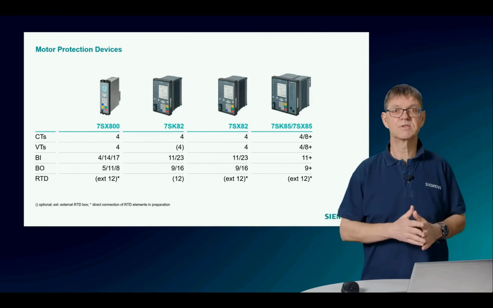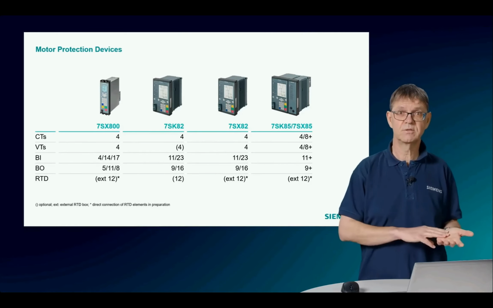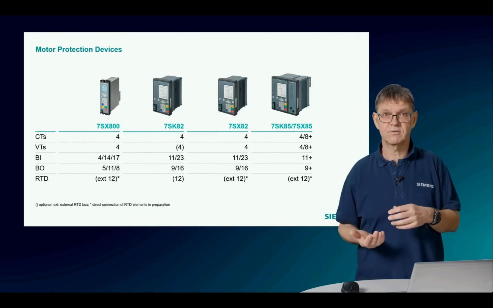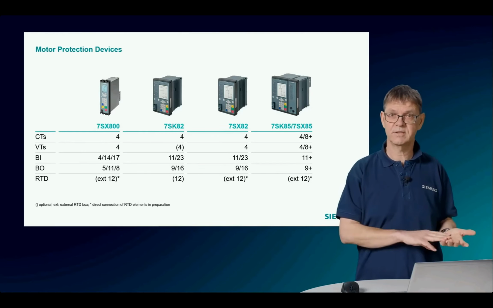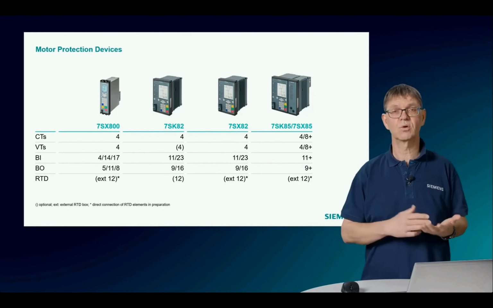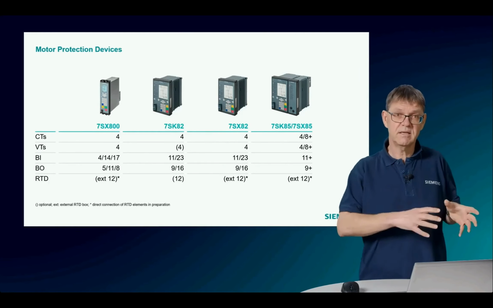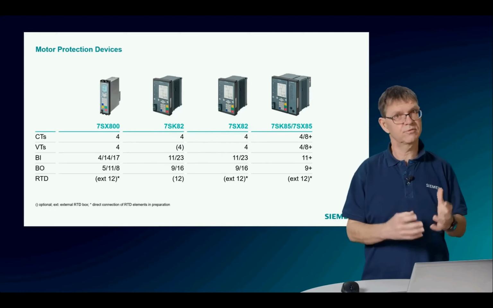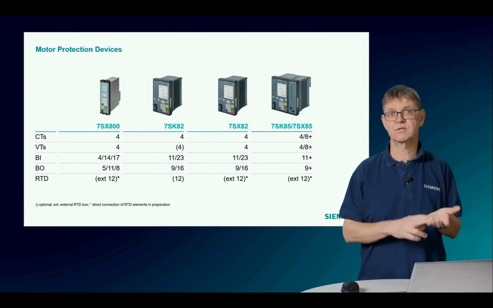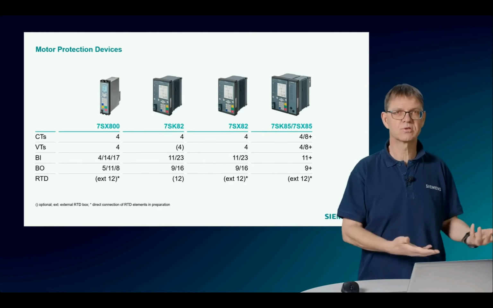Maybe a few words about what is the difference between 7SK82 and 7SX82, respectively 7SK85 and 7SX85. The 7SX devices are so-called universal devices, as a difference to the 7SK devices, where we have dedicated motor protection functions inside, plus additional, we can say helping or auxiliary functions.